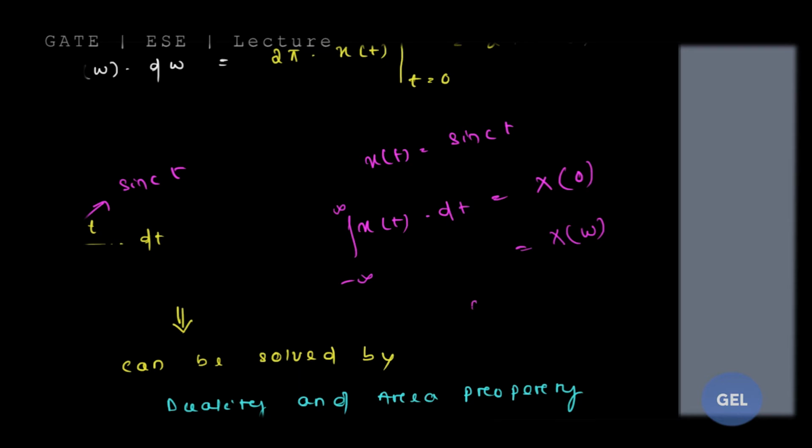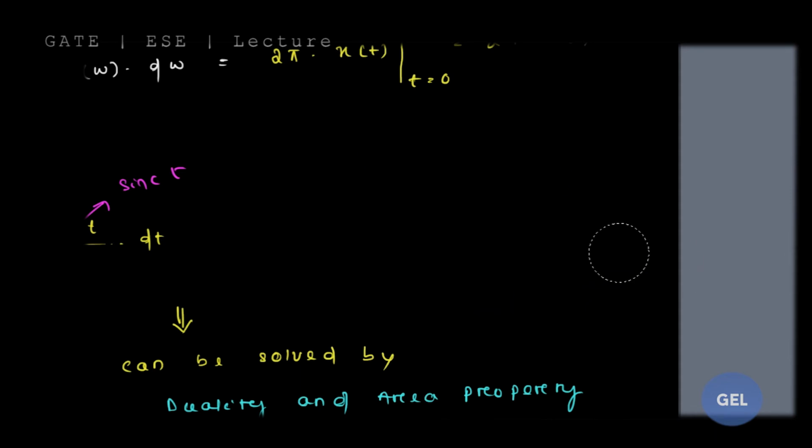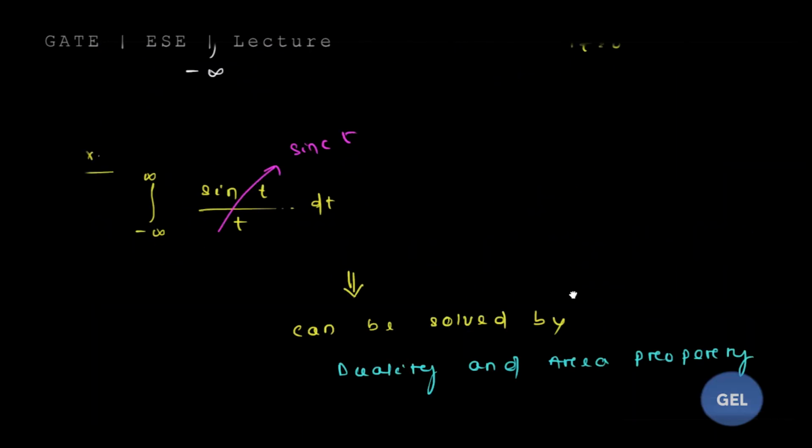That means x of t is given, and I need to find x of omega, that is, the Fourier transform of sinc t. Once you find that, you can find the x of 0 value. You just need to replace omega with 0. Clear? Now let's do that.